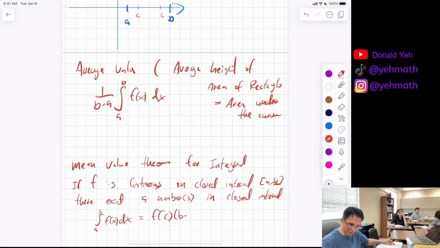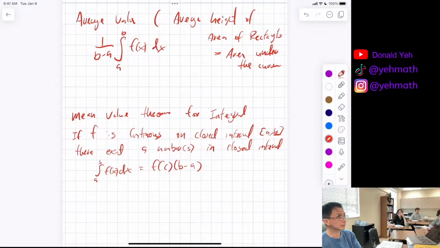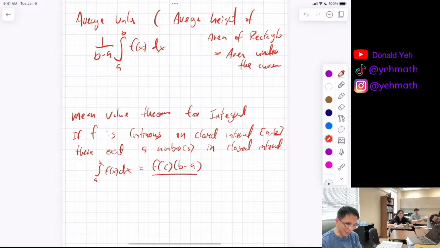Do you see any difference between this and the average value? What would be the only difference? You're just setting it equal to f of c. Can you just divide both sides by b minus a? Right?